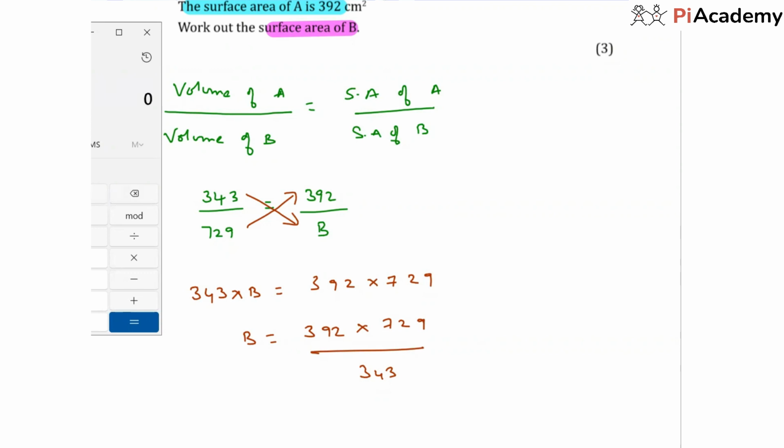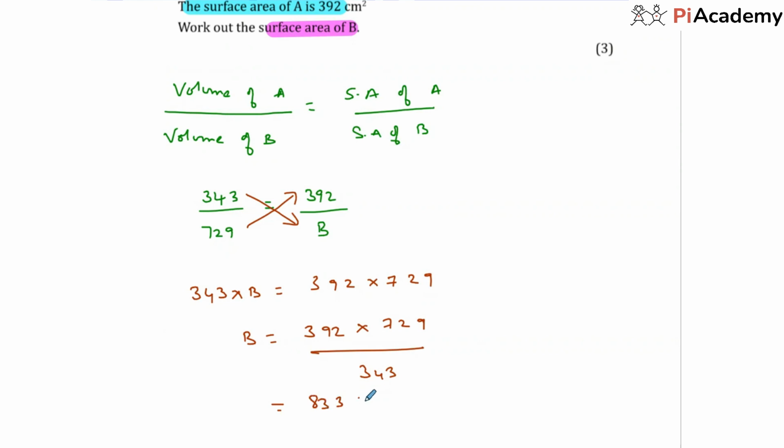Just a minute, guys. 392 times 729. Divide this by 343. It is 833 centimeters. How did you get, someone got 648 centimeters squared? How did you get that?